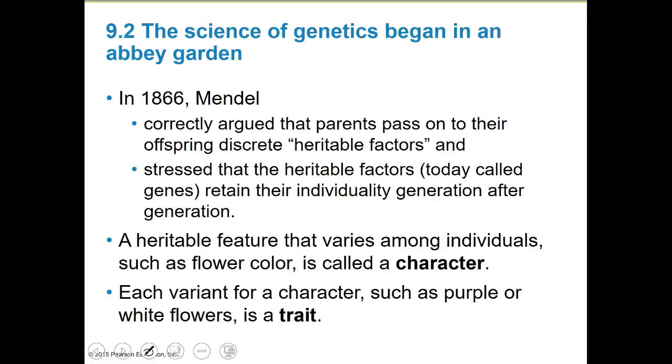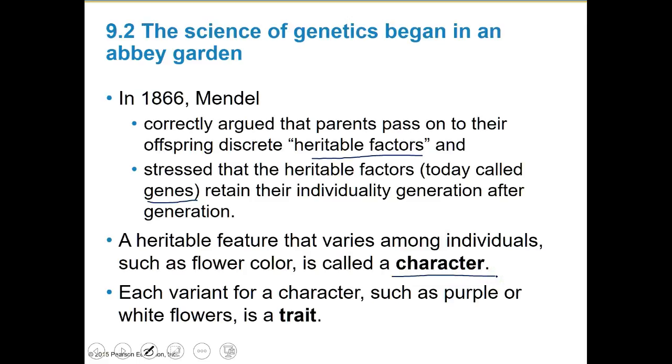All right, so in 1866, Mendel correctly argued that parents pass on to their offspring discrete heritable factors. And he stressed that heritable factors, which today we call genes, retain their individuality generation after generation. A heritable feature that varies among individuals, such as flower color, is called a character.